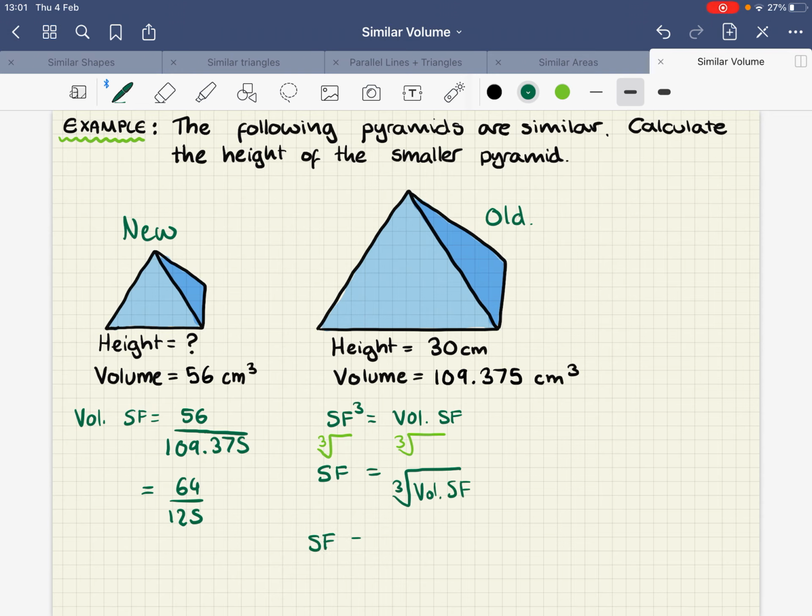So in my calculator, putting in the cube root of 64 over 125. And that comes out as 4 over 5.